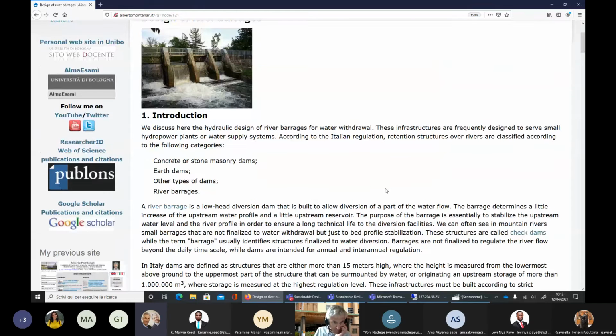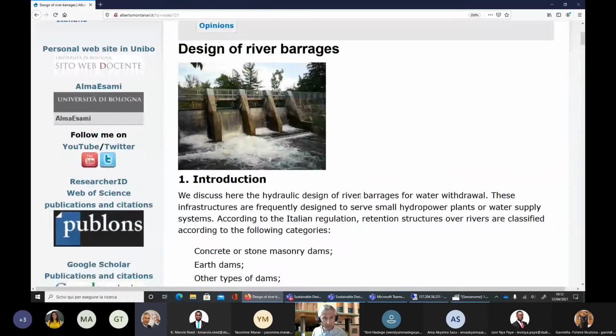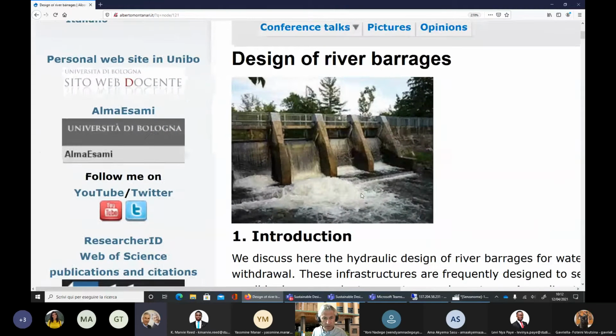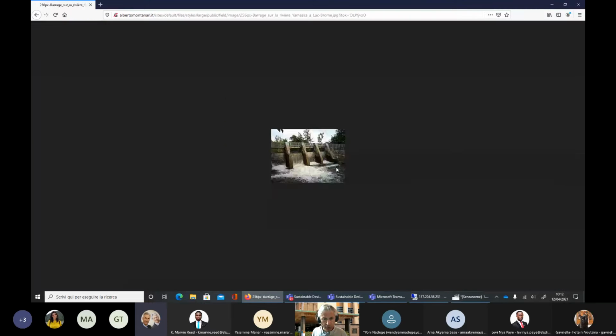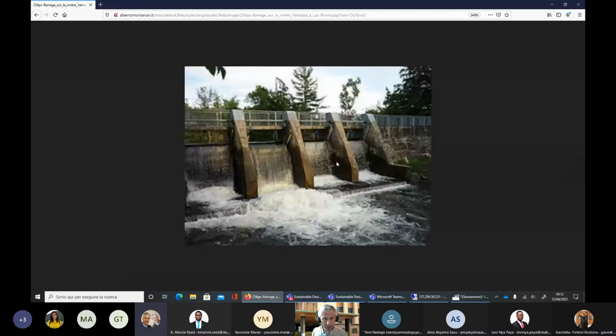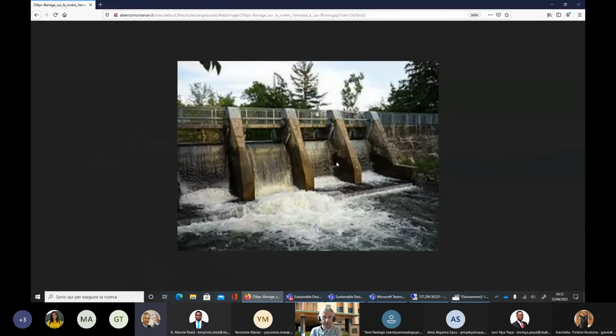And so what are we talking about? We are talking about something like this picture here, okay? What is this one? It's a river barrage. There is the river flowing from upstream. Upstream is behind the barrage and flowing downstream. And you see that in order to flow downstream, the river has to pass over the barrage.